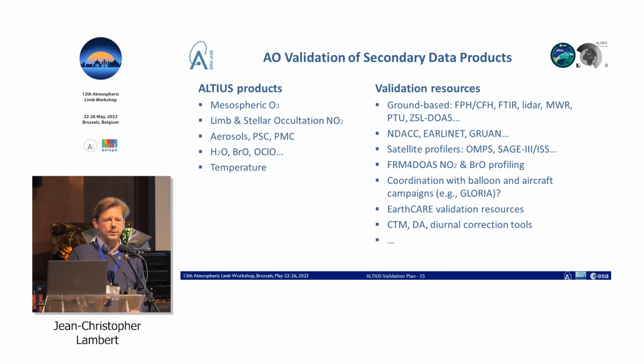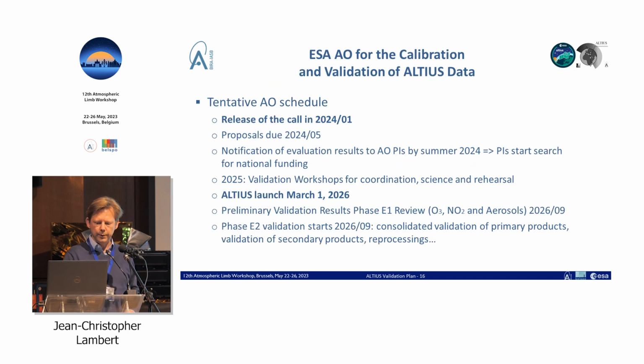Coordination with balloon campaigns could be envisaged, for instance, Gloria, so synergies with other satellite missions. EarthCARE, another ESA mission dealing more with aerosols, could be very beneficial for the validation of aerosols, and also as a pathfinder for the organization of the AO. And then diurnal correction tools and other modeling activities in support.